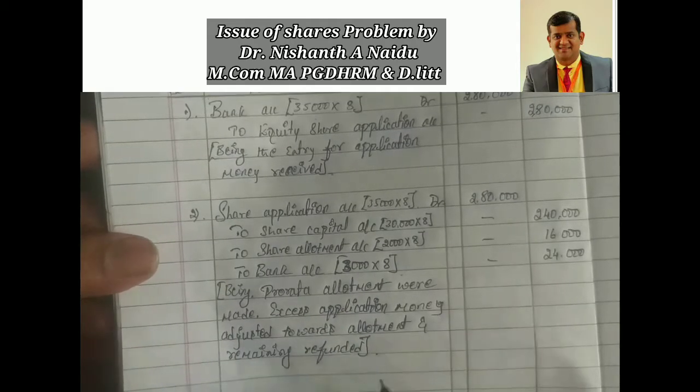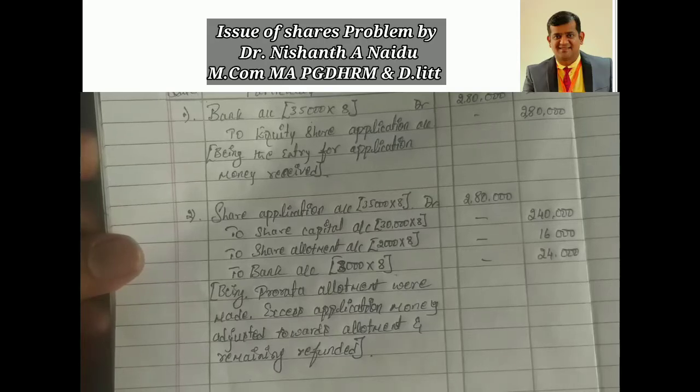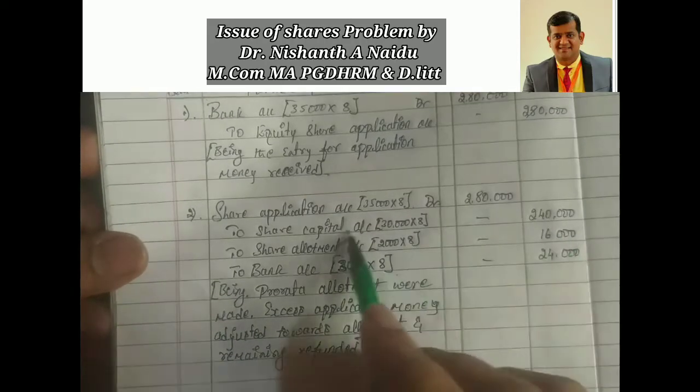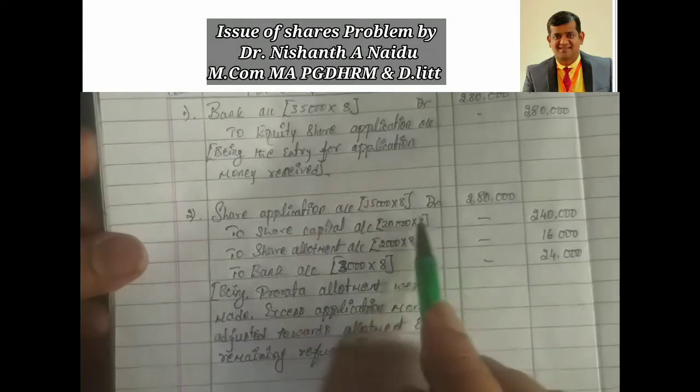So we have done the 3 transactions in this entry. That is, pro rata allotment were made. So on the basis of pro rata, we have done the entry.